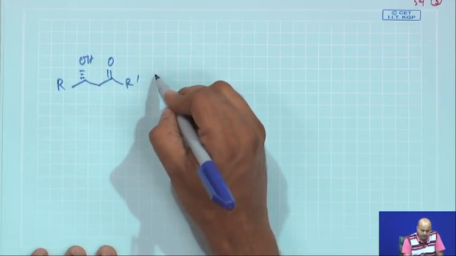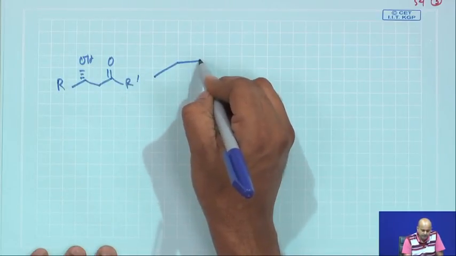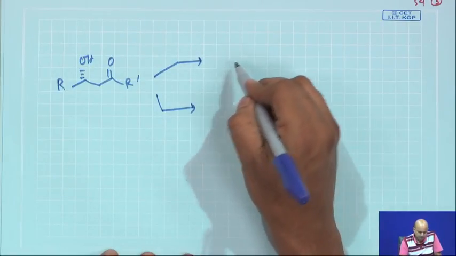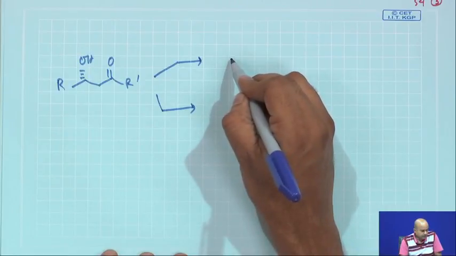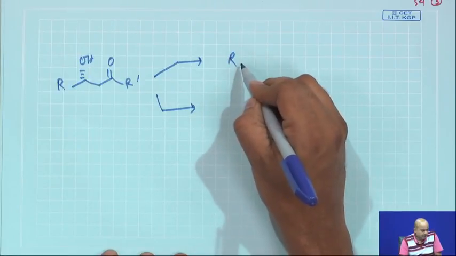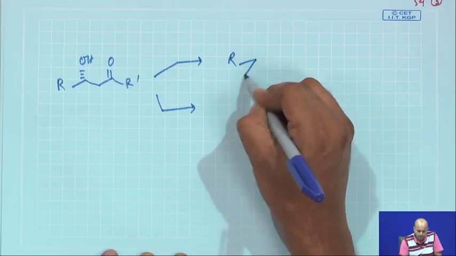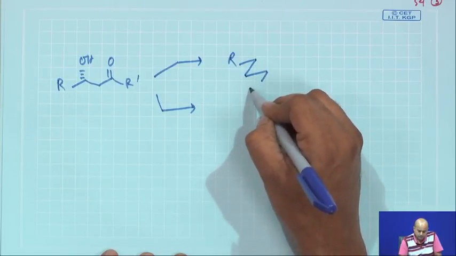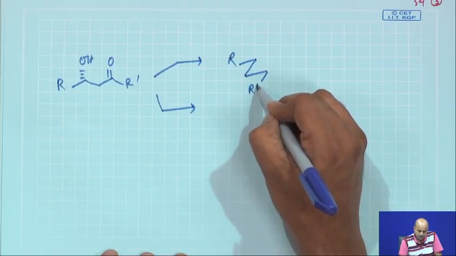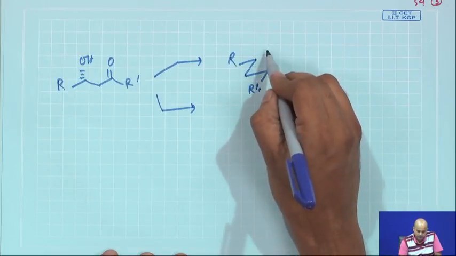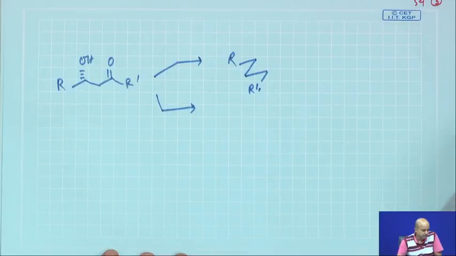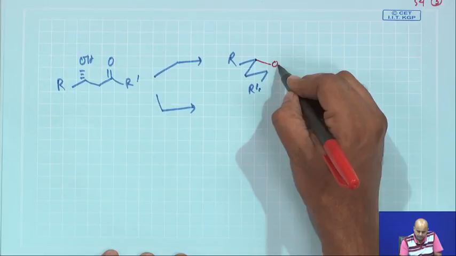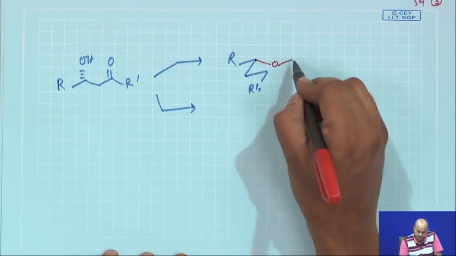Now, you devise the reaction pathway. If the pathway follows a 6-membered transition state where R1 and R prime have an equatorial kind of orientation, then this OH will be put here.